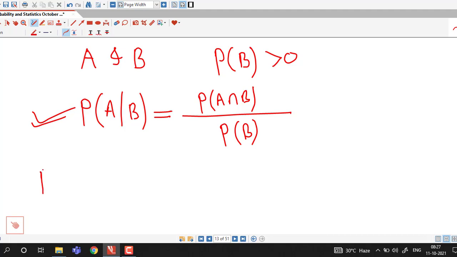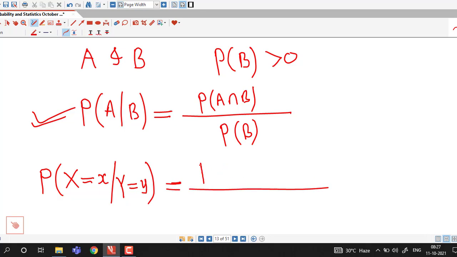Suppose we are interested in the probability of the event that X equal to x given that Y is equal to y. So this is equal to, here we consider capital A equal to the event X equal to small x, capital B equal to Y equal to small y.